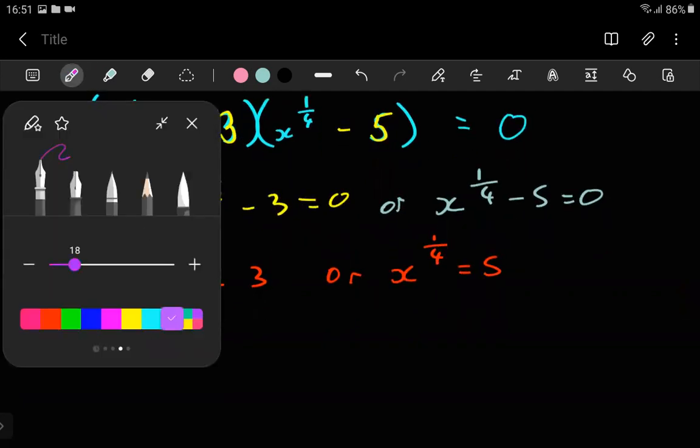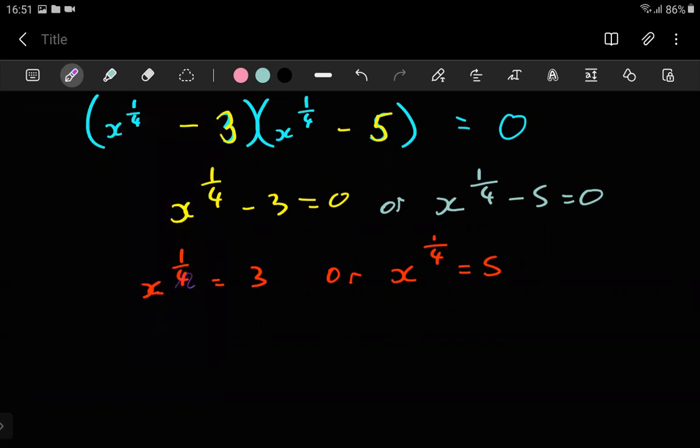Now you want to get rid of the quarter, right? To get rid of the quarter, you put a fourth root symbol here. And this is something you need to put in your calculator.